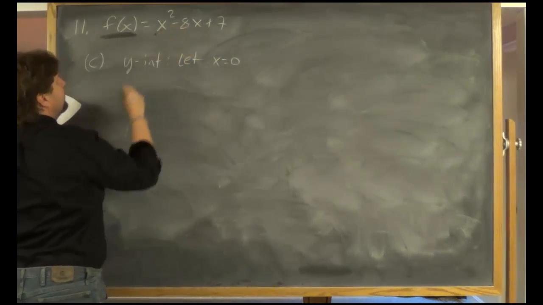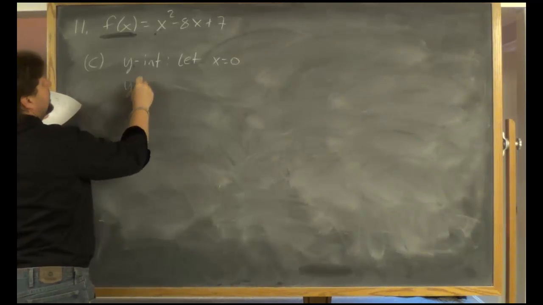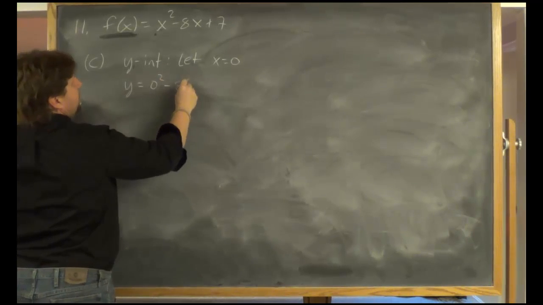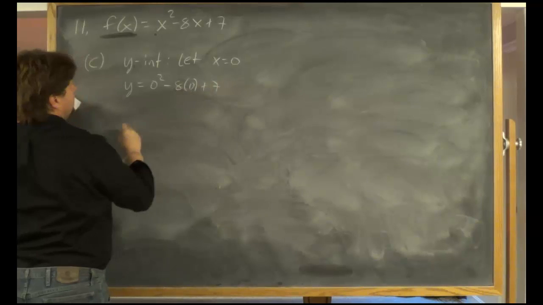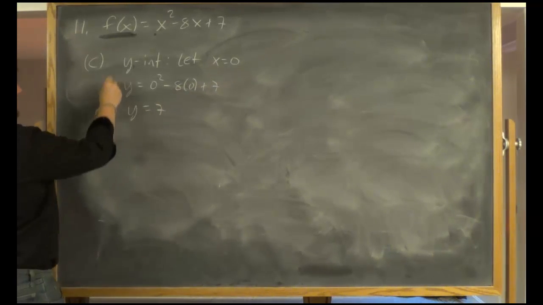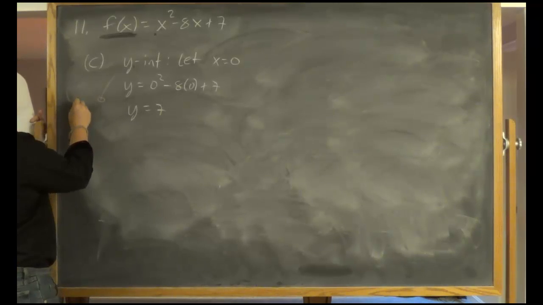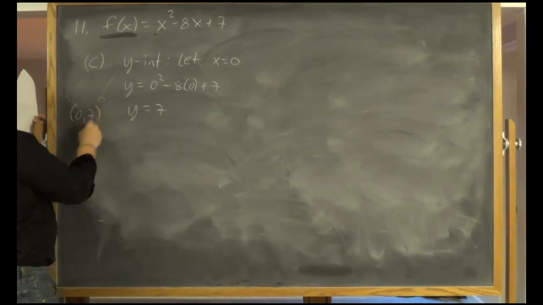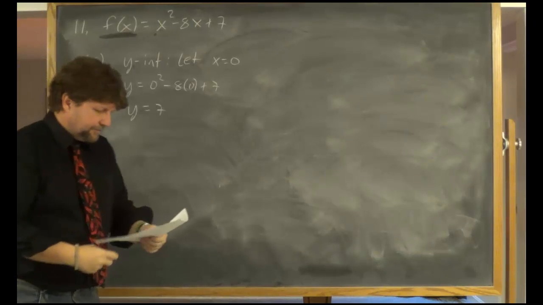So you put 0 in for the x's, and you get the y-intercept. Look at that. 0 squared minus 8 times 0 plus 7. You get y equals 7. So again, it's a point. The y-intercept is at (0, 7).